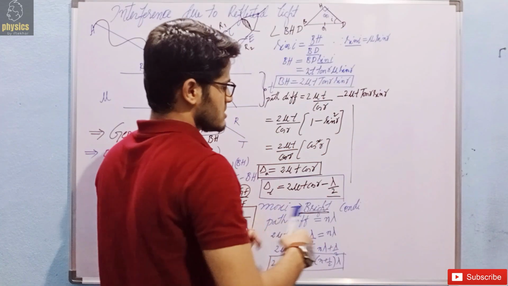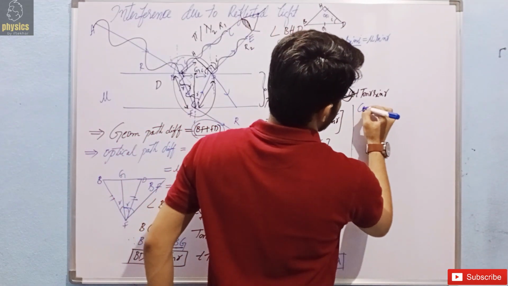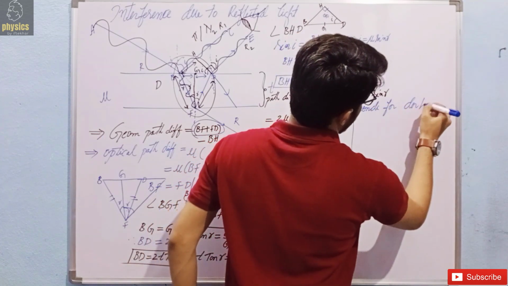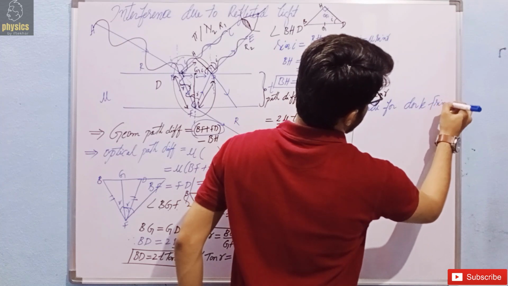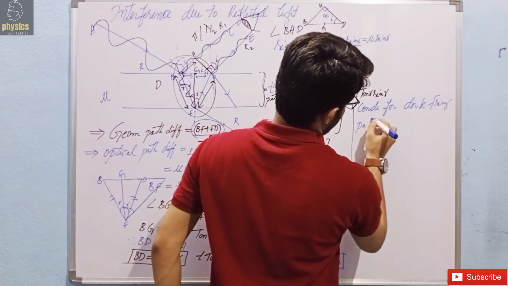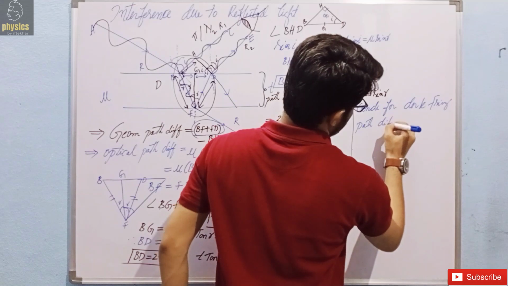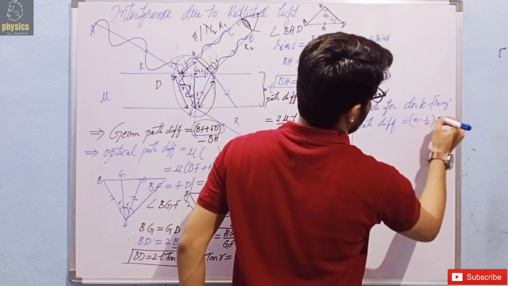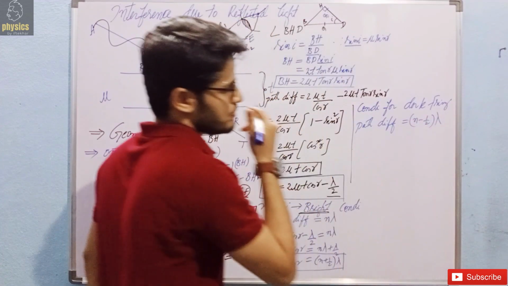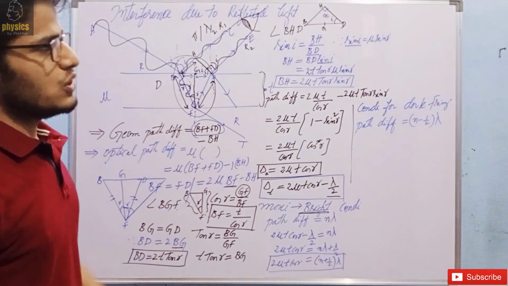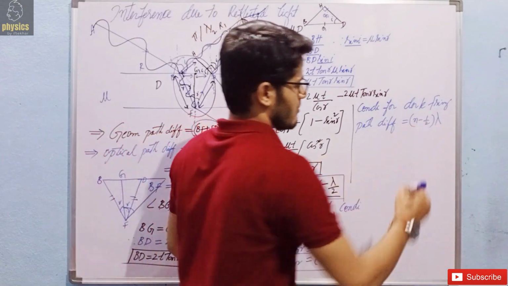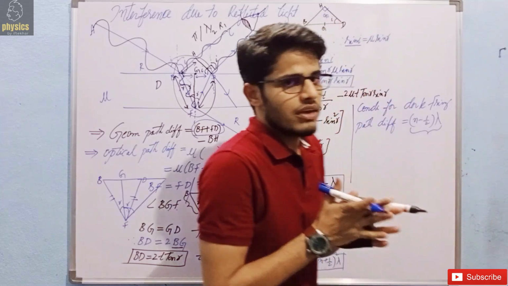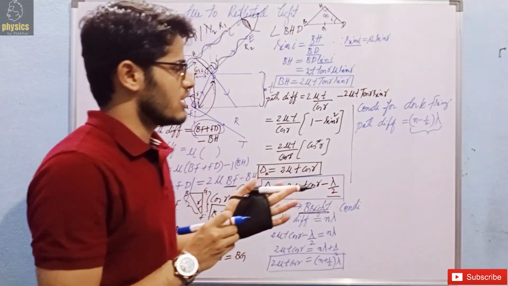Now the path difference condition for the dark fringe: the path difference should be (n minus half) lambda. If this path difference is there, you will get a destructive interference.